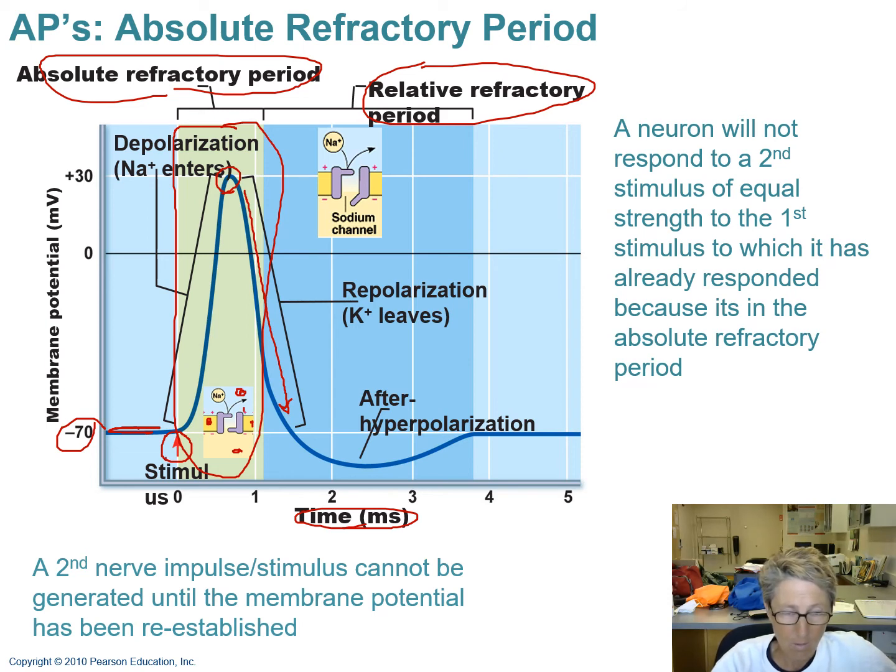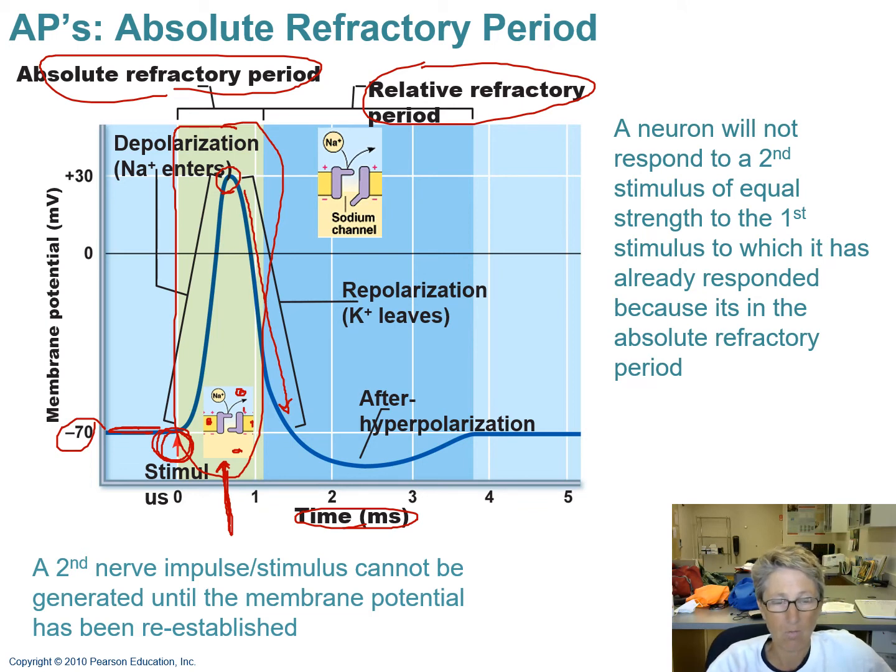Here's the stimulus, here's our arrow down here. If you try to hit that neuron with another stimulus right here in the absolute refractory period, even though that stimulus might be really strong, as shown by a really long arrow, you can't fire another action potential.